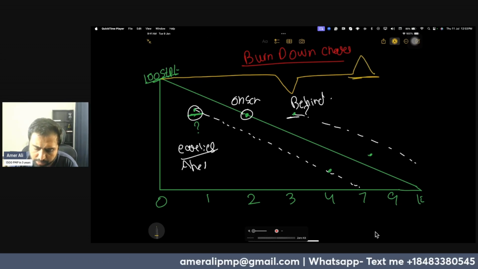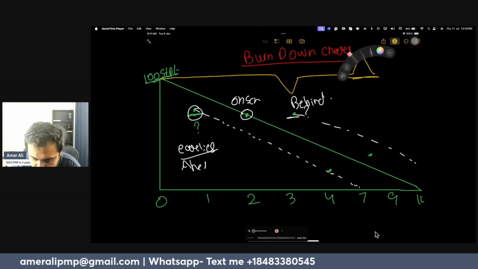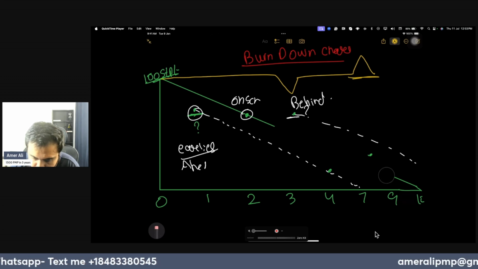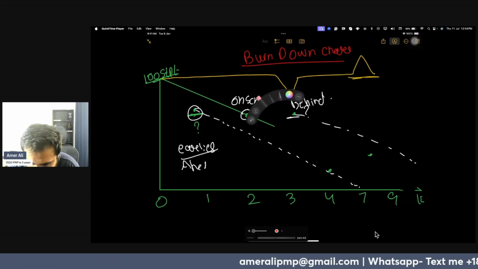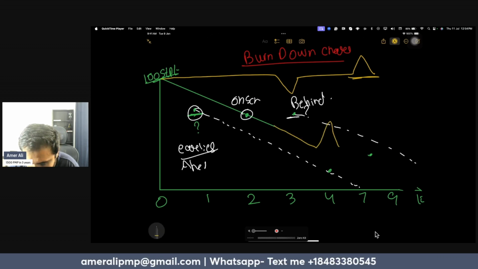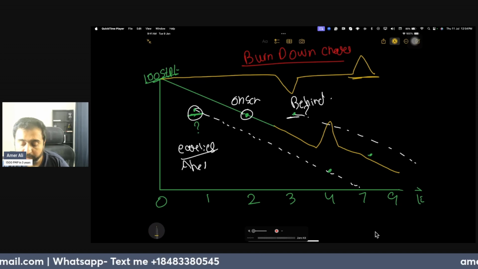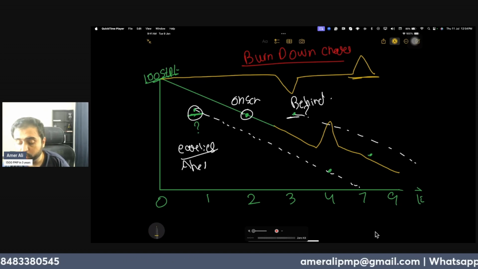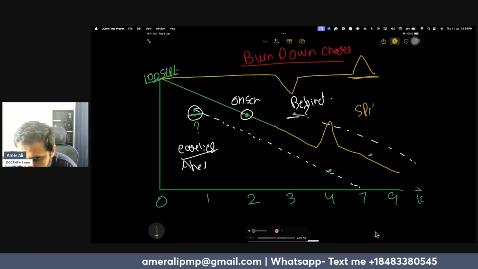But most probably in the burn down chart, it will show you something like that. The question will say please point out where you have a spike.